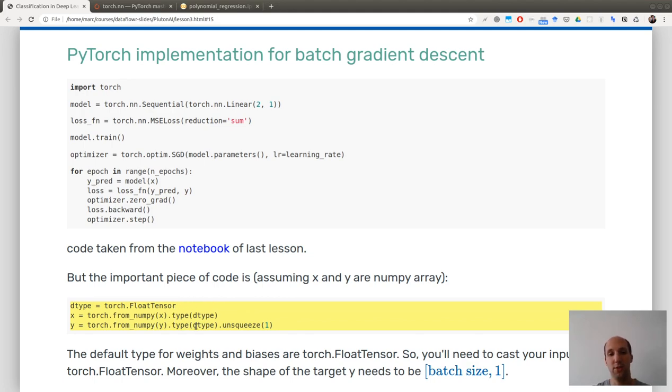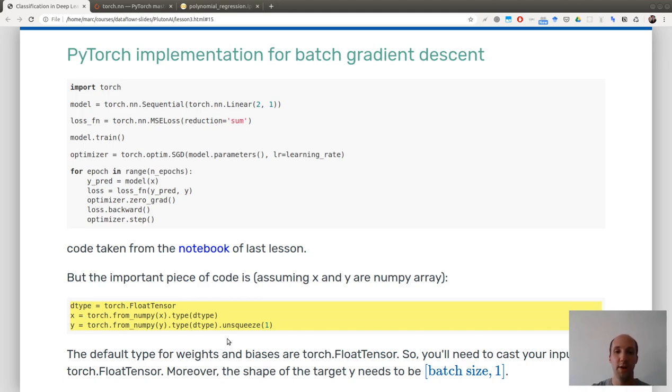First, you need to put all your tensors into float tensors, which is not done by default if your initial NumPy array contains int, for example.